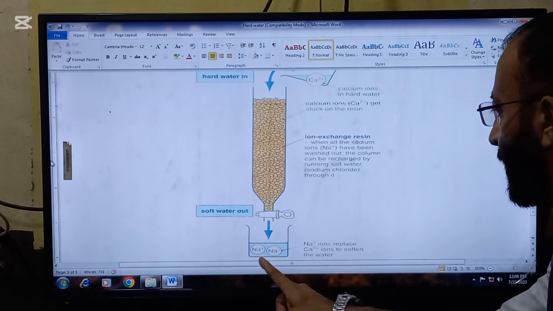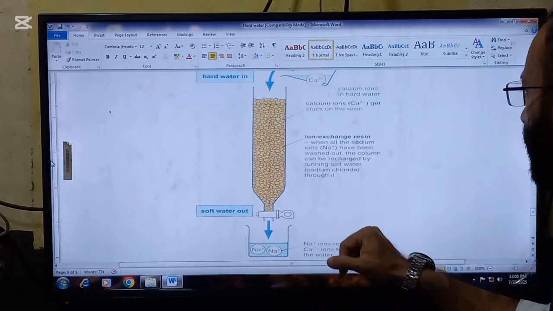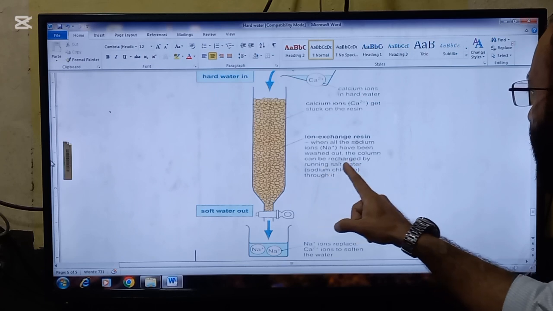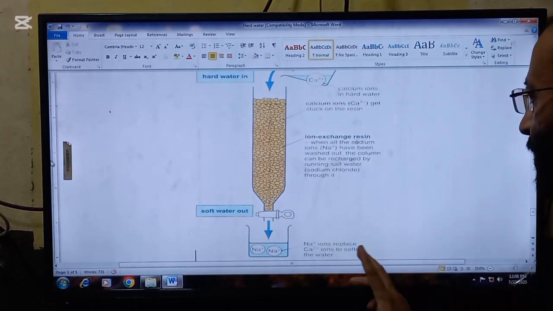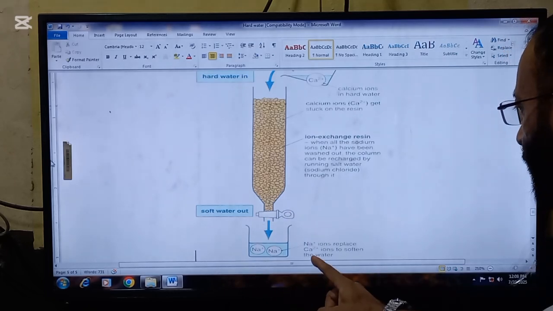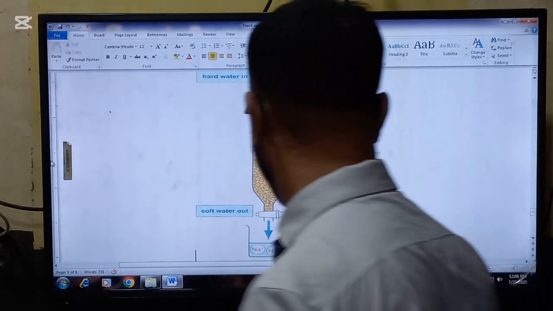You can see sodium ions are here. So the sodium ions are replaced by the calcium ions. The column can be recharged by running salt water, sodium chloride, through it. So soft water out. Sodium ions replace calcium ions to soften the water.